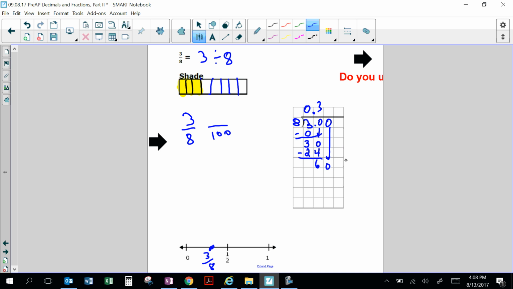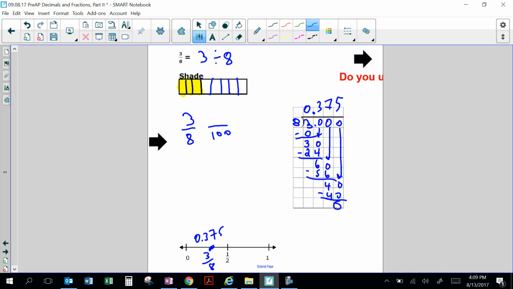Can 8 go in 60? 7 times. 60 minus 56 is 4. 8 goes in 40 5 times. And that's how we get it. So the decimal equivalency of 3/8 is 375 thousandths. I was kind of close because I did say it's about 4 tenths.